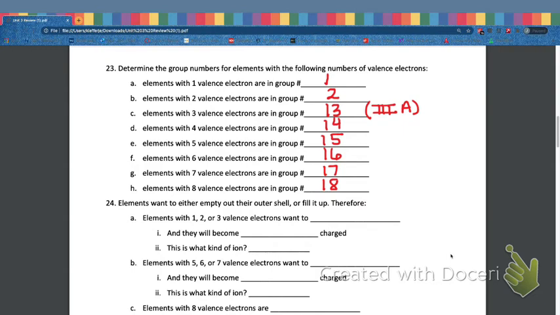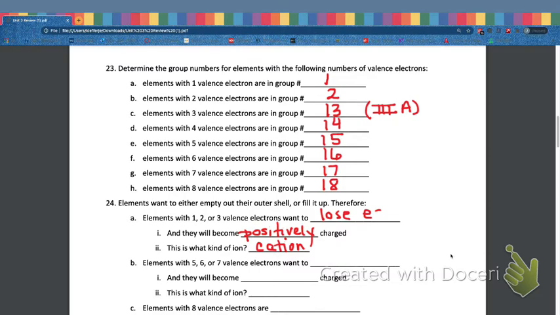All right. So, elements with 1, 2, or 3 valence electrons want to lose electrons, and they will become positively charged, and we call that a cation. Okay?